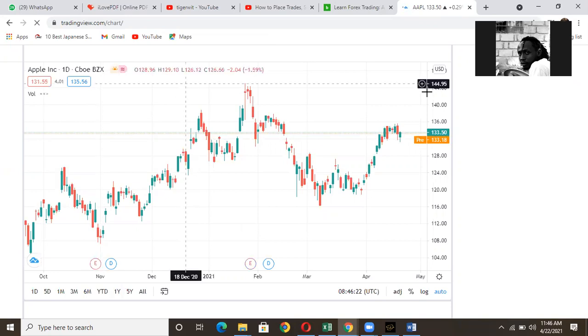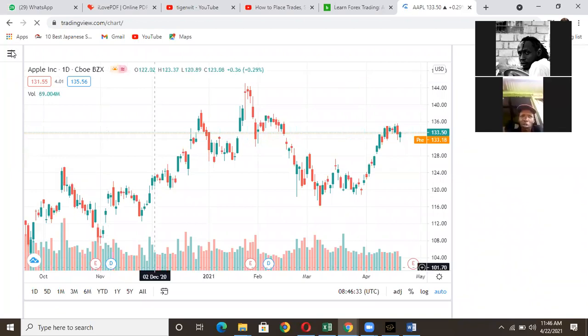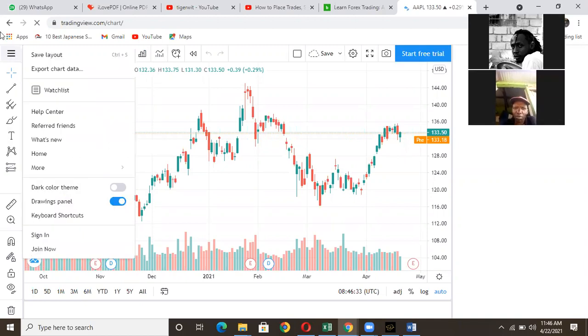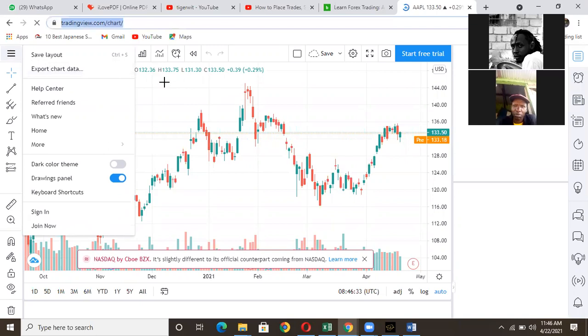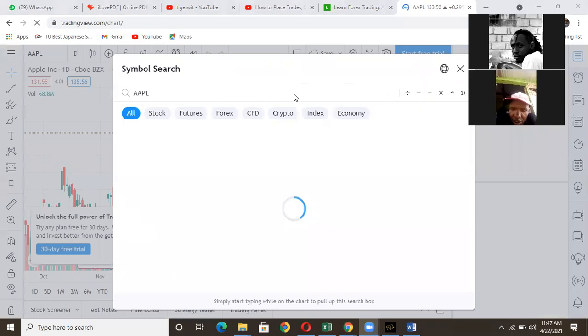So just a minute, guys. Let's open my chart here. Okay. So it's a bit slow, but so I want to look at USD, Canadian yen, or anything with the CAD. So let's have a look at it. Just a minute, guys. Oh, here. Edwin, welcome. So let's search for USD CAD.